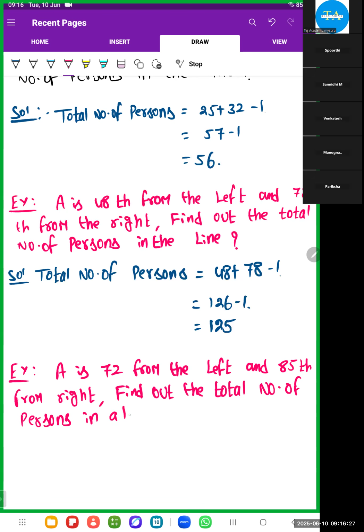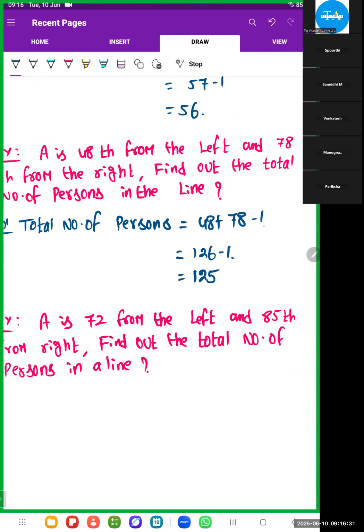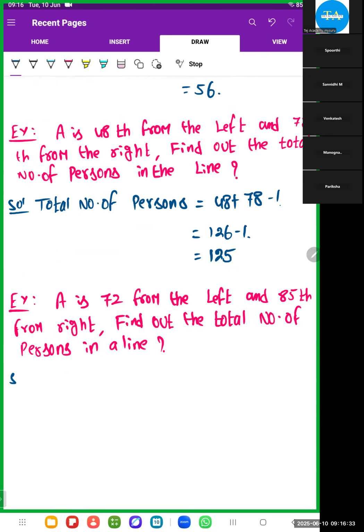Correct. So the formula: total number of persons is equal to position from left plus position from right minus 1. Left is 72, right 85, minus 1.